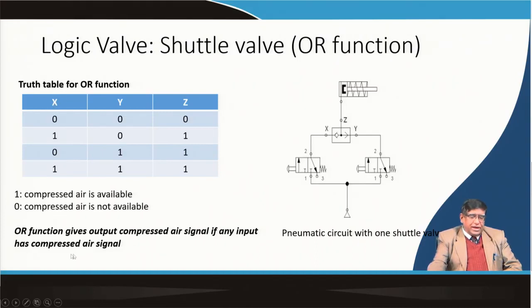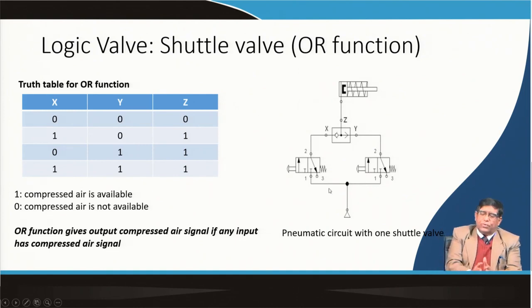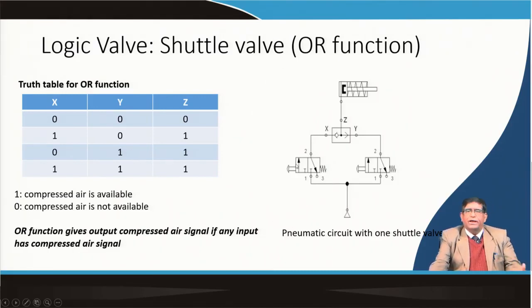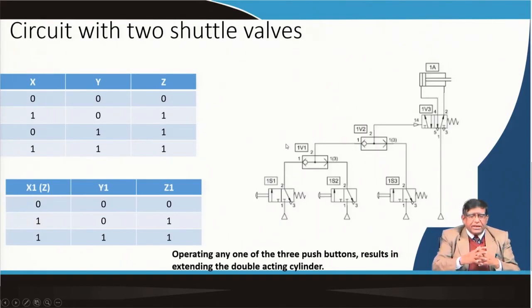So, this is a compressed air signal. If any one input is given, that means either this valve or this valve, they are in an OR mode, and this is the way a shuttle valve works. Similarly, there can be two shuttle valves coming over here.